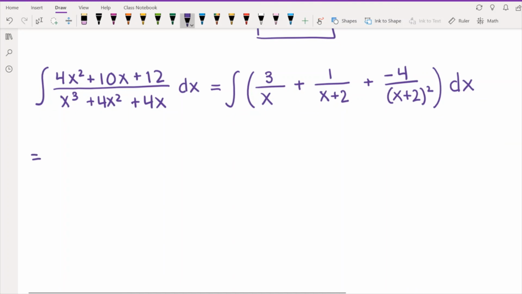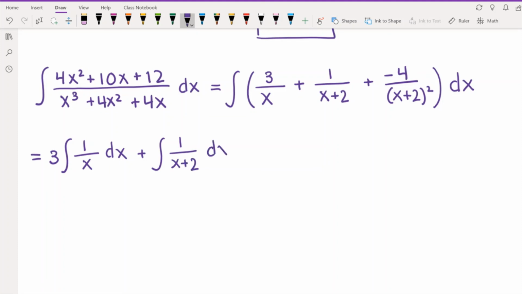Okay, so now we can pull out the coefficients. We have 3 times the integral of 1 over x dx, plus the integral of 1 over x plus 2 dx. And then here we have -4 times the integral of 1 over x plus 2 squared dx.